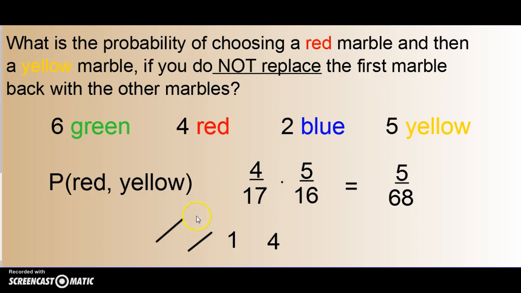And again, here we could crisscross reduce. How many 4s in a 4? 1. How many 4s in 16? 4. And then when you multiply, you get 5 chances out of 68 of getting red on the first draw, not replacing it back, and getting yellow the second time.